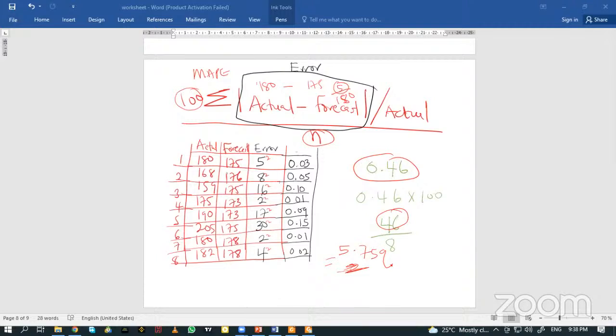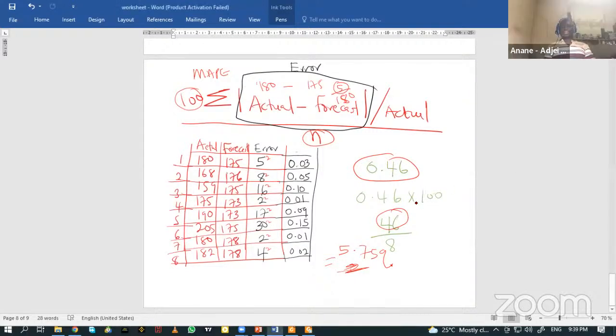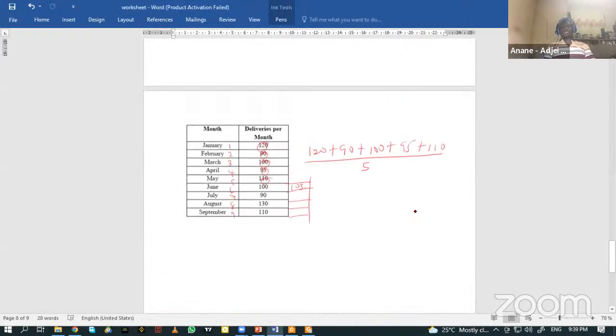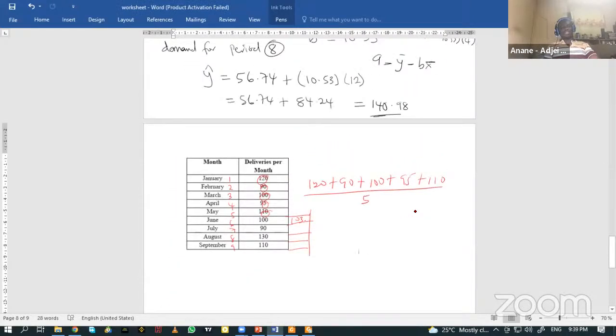Before we came back again, it started from the 5th month. I was a bit confused. The question was saying that we should find 3 months moving average, okay? The question says 3 months moving average. As soon as it says 3 months, it means you need 3 months figures to do your calculation. I hope you're with me.